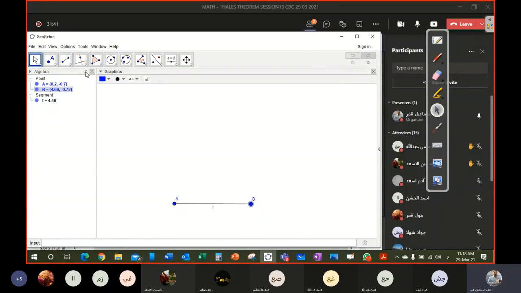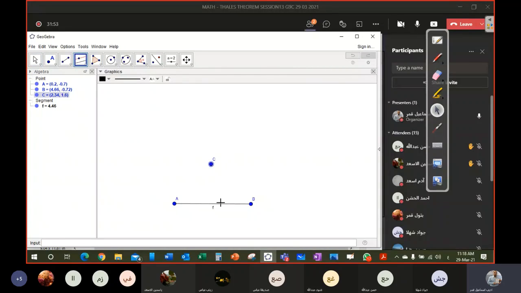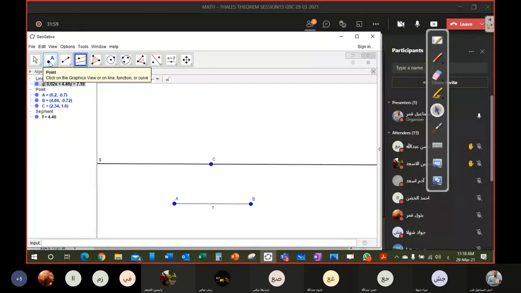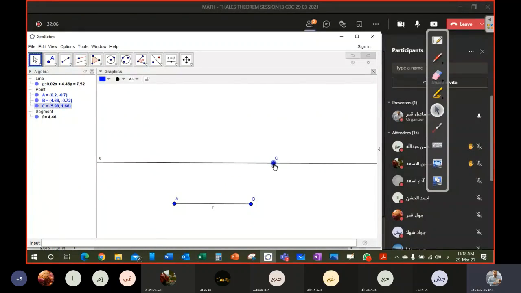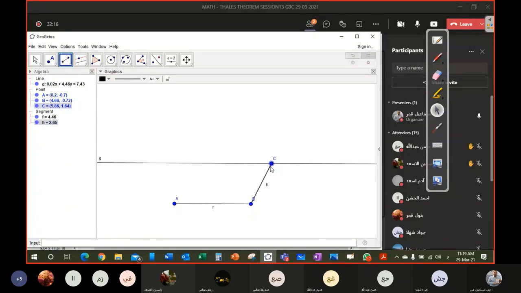Then we take any point and we draw a line parallel to the segment AB passing through C. Let's say this is the vertex C. Then we join the segment BC and we draw from A a parallel to BC. Okay, this is a parallelogram.